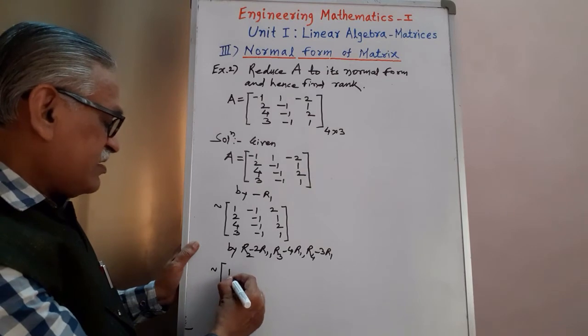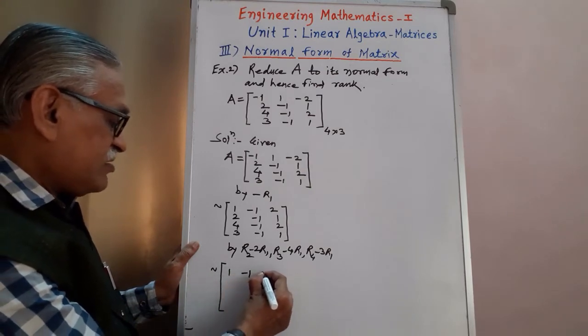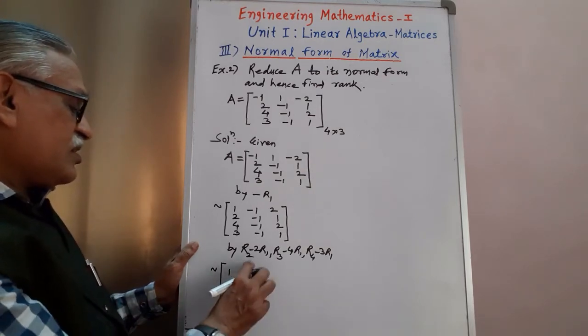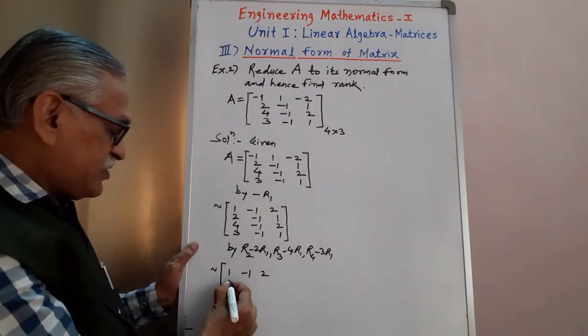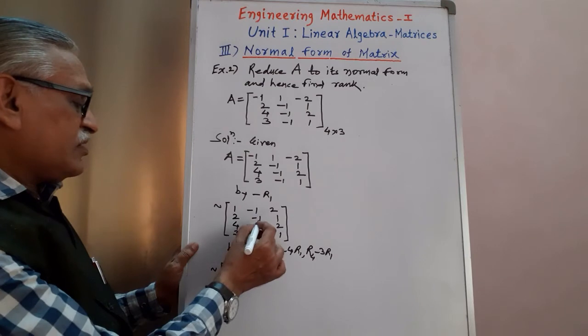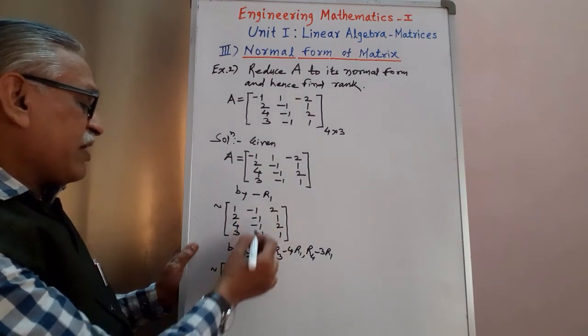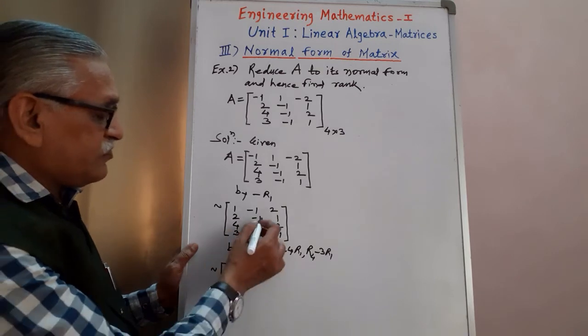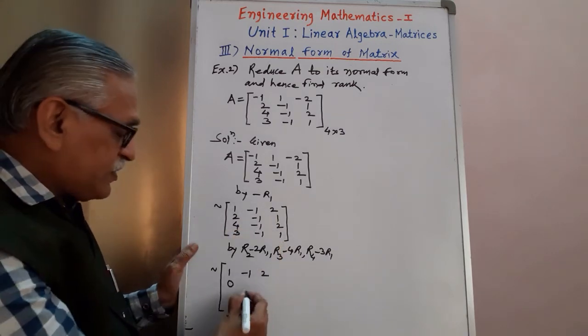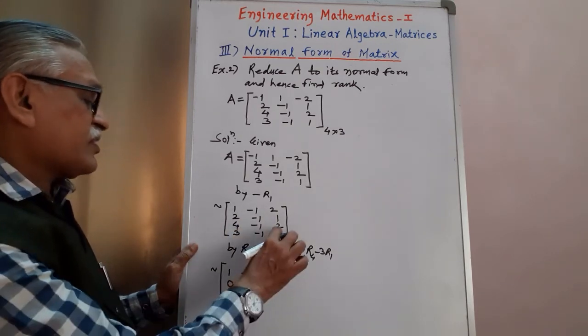Applying this R2 minus 2 R1: 2 minus 2 times 1, 2 minus 2 we get 0. Minus 1 minus 2 times minus 1, minus 1 plus 2 we get plus 1.